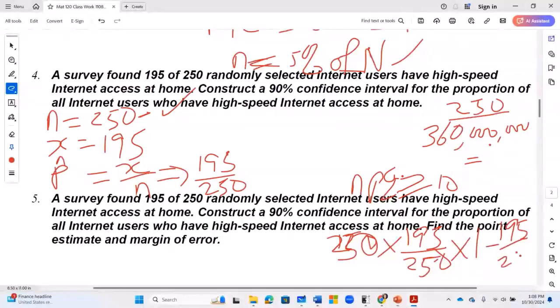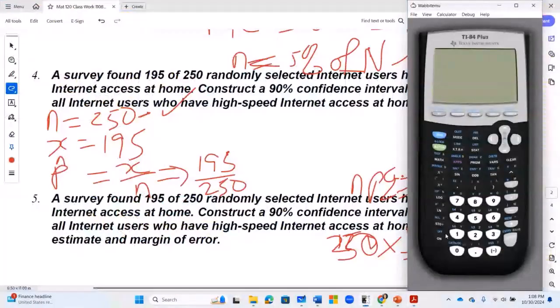Okay, I am going to get my calculator. First of all, I want to know what 195 over 250 is. So 195 divided by 250, and I have the probability of success is 0.78.